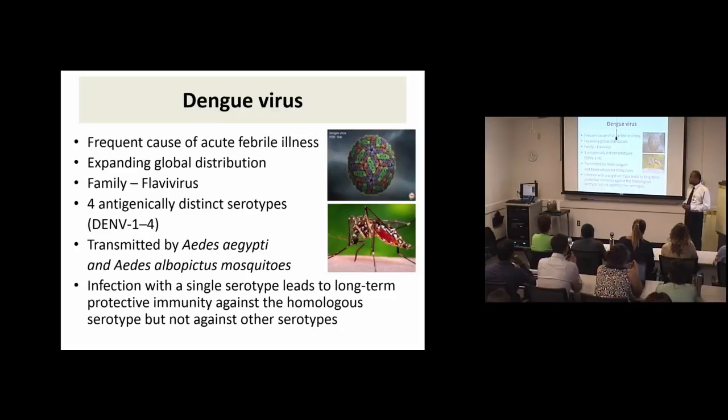Infection leads to serotype-specific immunity, that is, infection with one serotype gives immunity for the same serotype, but not for the others. Because of that, if the second infection is due to a different serotype, we get a more severe infection, which may end up as dengue hemorrhagic fever or shock syndrome.